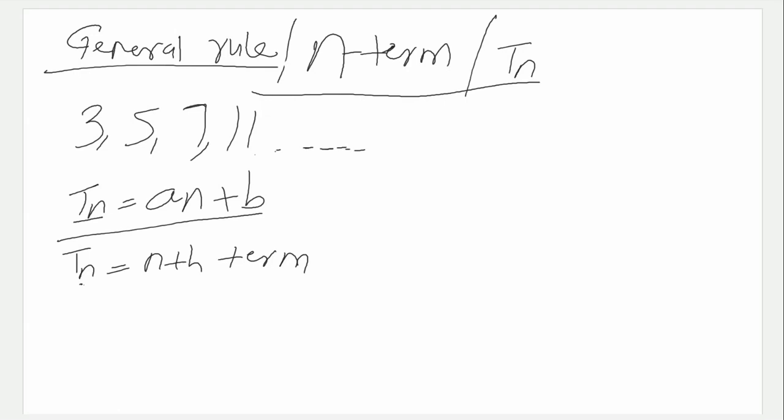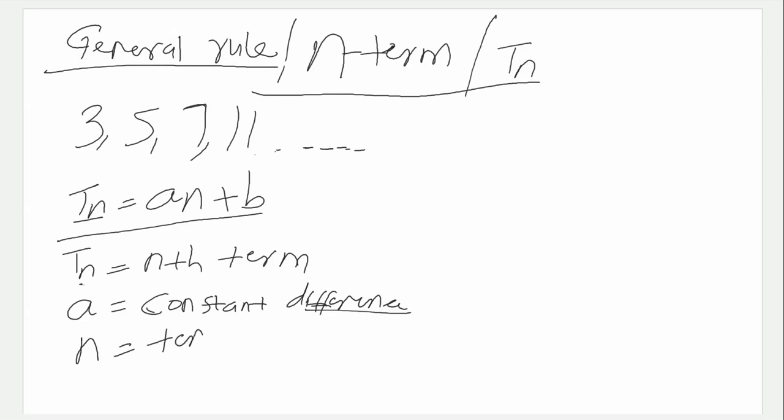Then we have the value A, which is usually our constant difference. Our constant difference is multiplied by n, and n represents the term number.